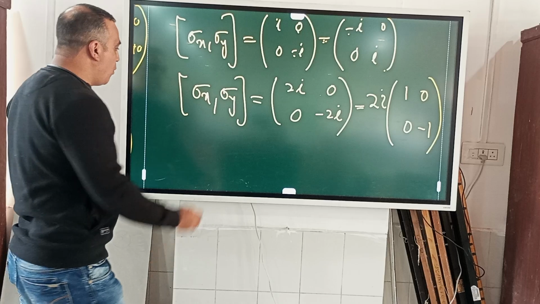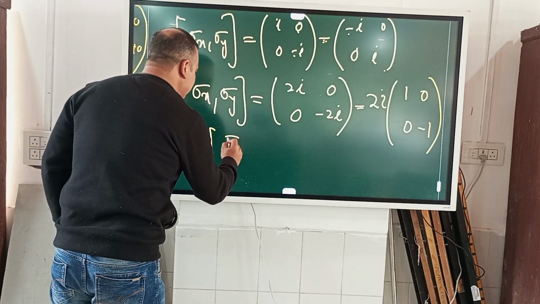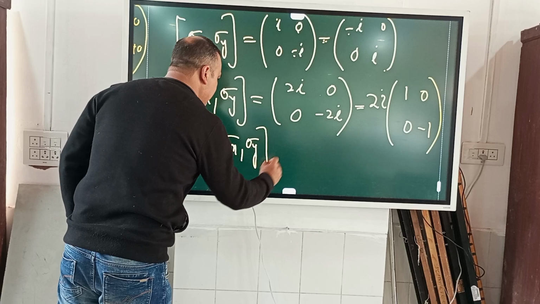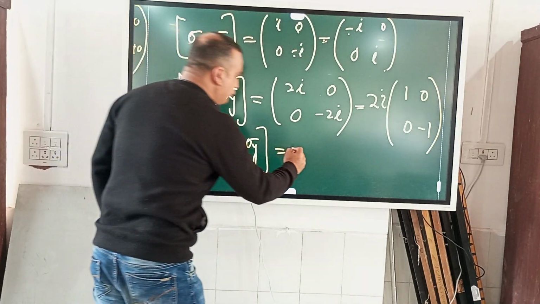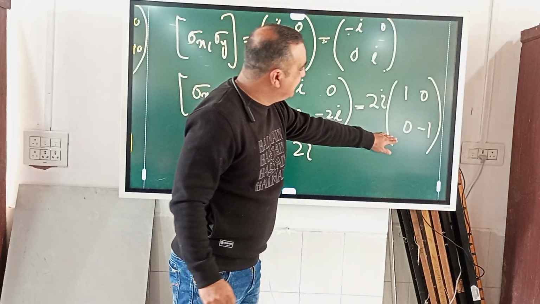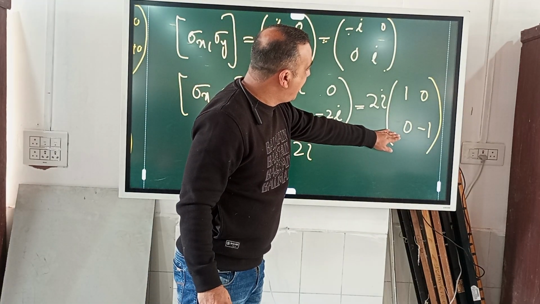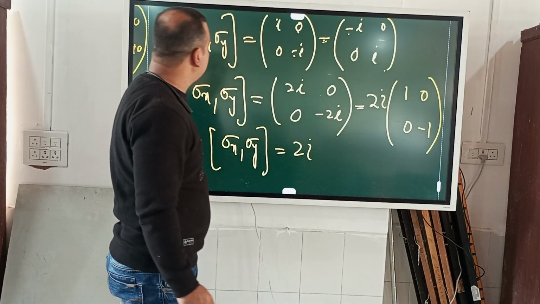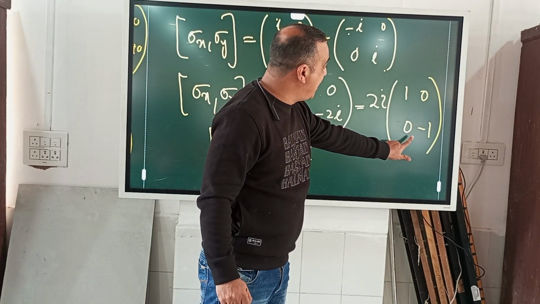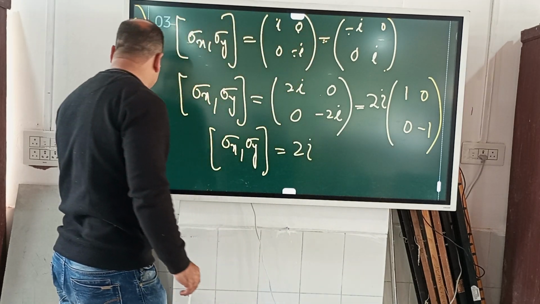Okay? So the commutation of sigma x and sigma y will lead us to 2i times, and what is this? This is sigma z. Exactly, this is sigma z.